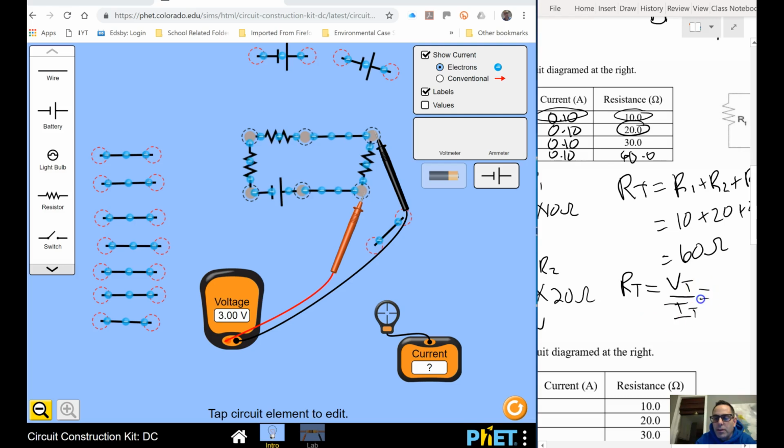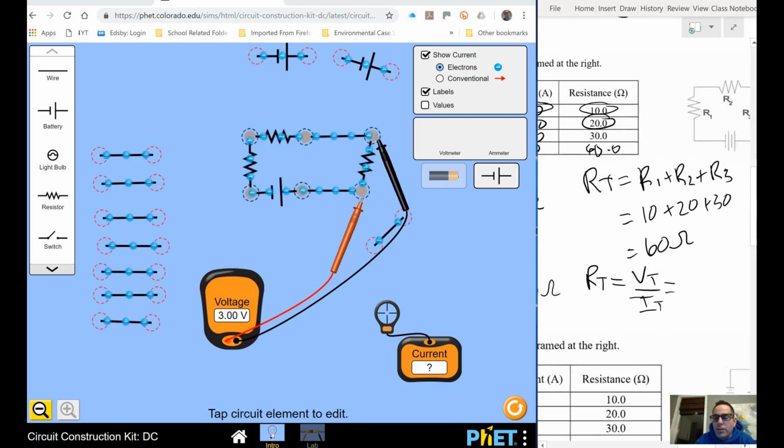And then if I plug my values in, I have a total drop of 6 volts, and I have a current going through that circuit of 0.1 amps. 6 volts divided by 0.1 is going to be equal to 60 ohms. So we were able to make that work both ways there.